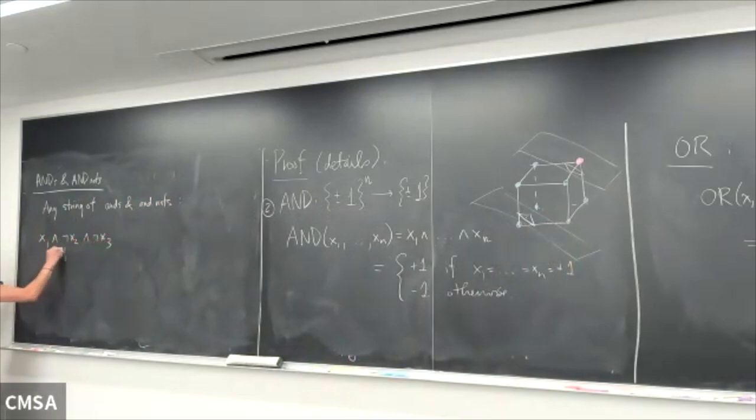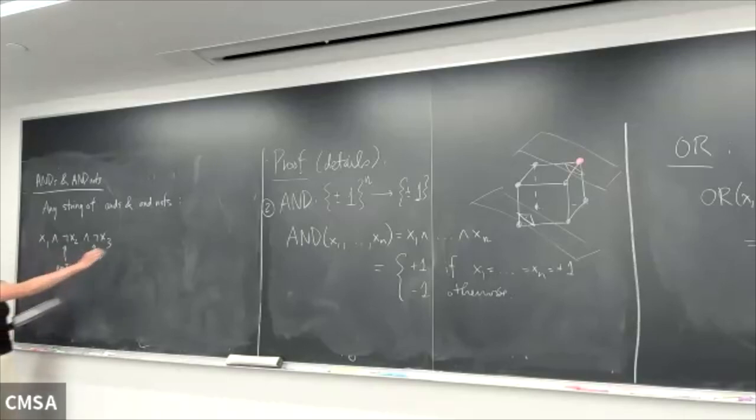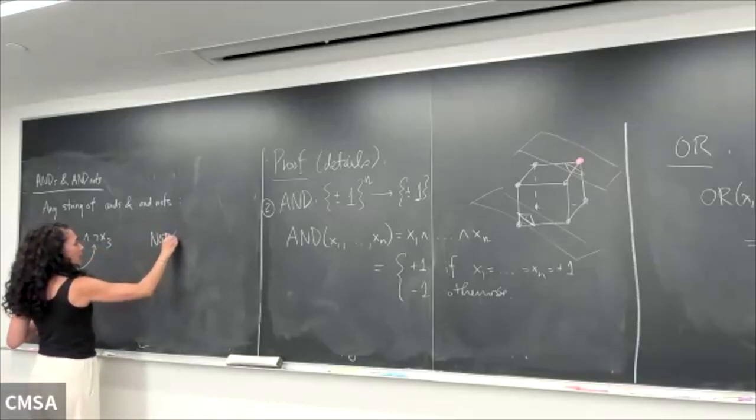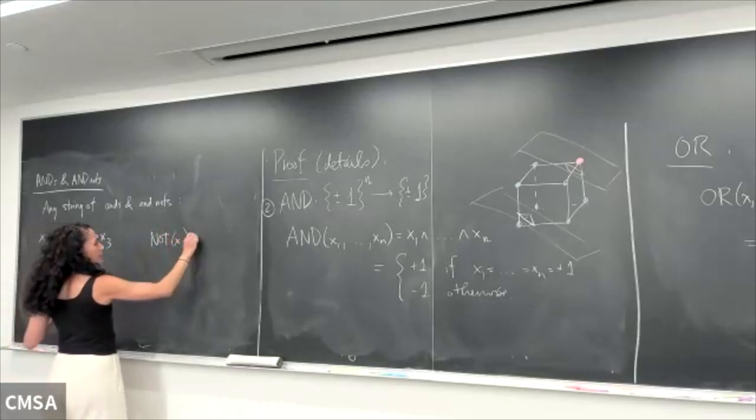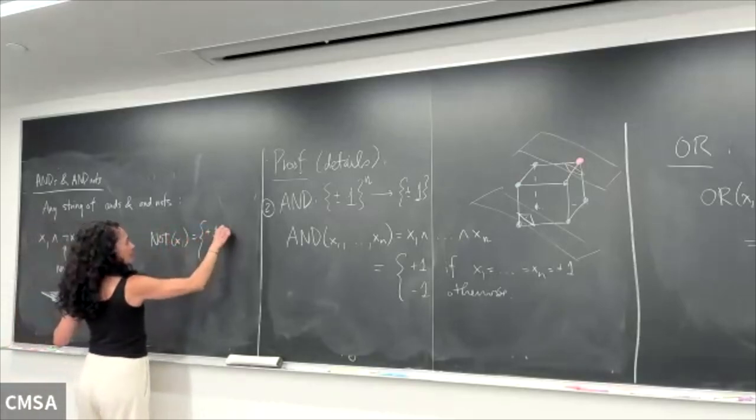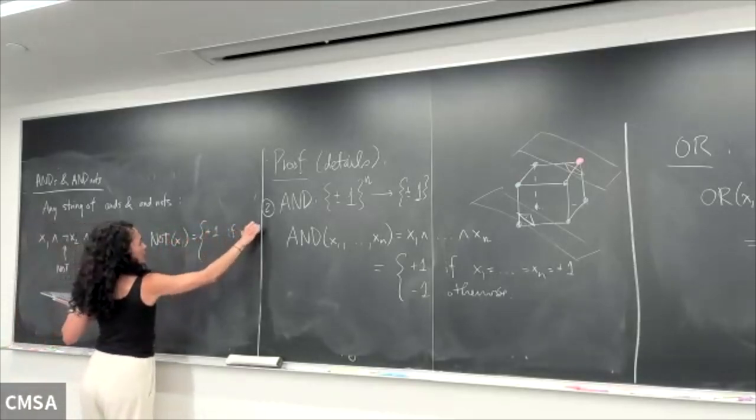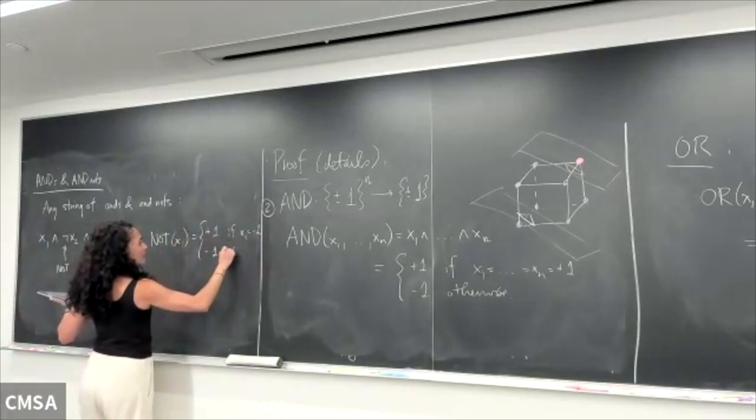So this is a symbol for not. The only input that outputs 1 is (1, -1, -1). Because not of x1 is +1 if x1 is -1.